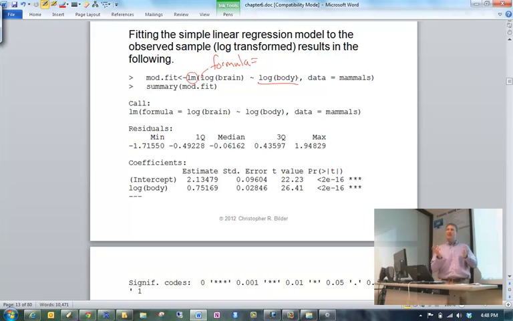The nice thing is you can include transformations in there immediately. Then specify where your data is, and to summarize the actual fit of the model, to get what you often see as the first page of a proc reg output, say summary of mod.fit. This is what we get.